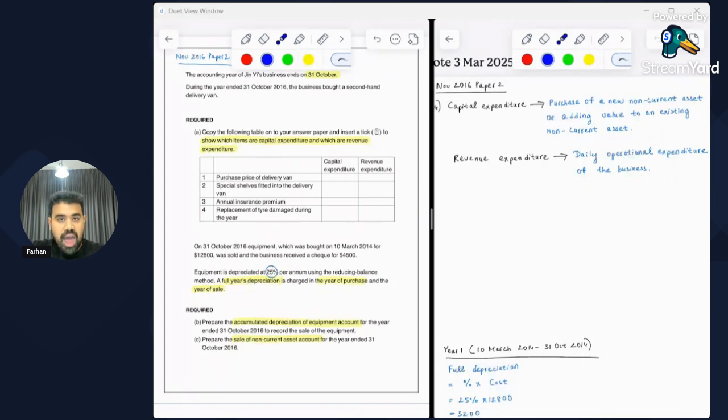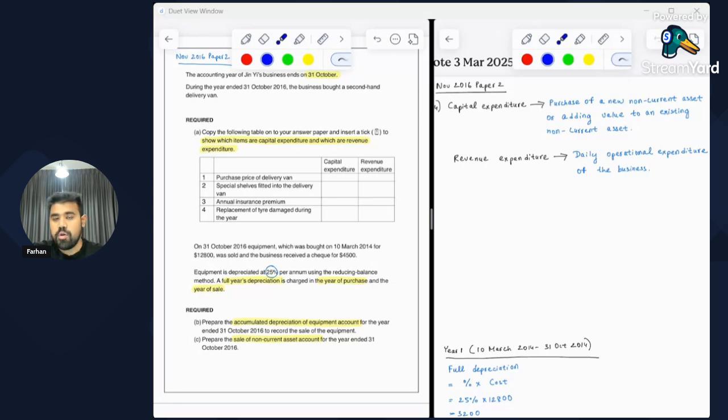Adding value can refer to any modifications that you may do to a non-current asset you have already purchased, or you can install some camera equipment in a building, which is essentially adding more value on top of an existing non-current asset. The new value being the security cameras and the existing non-current asset being the building.